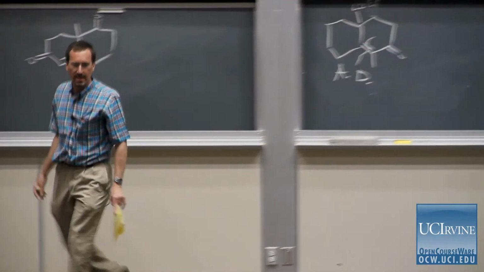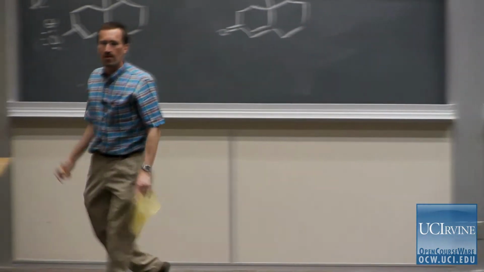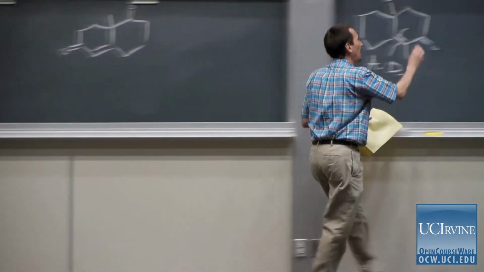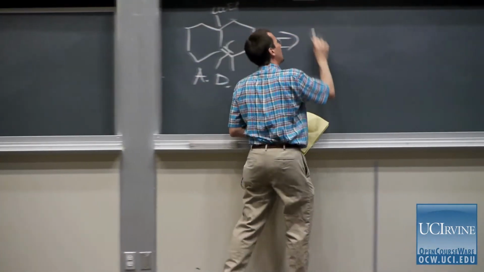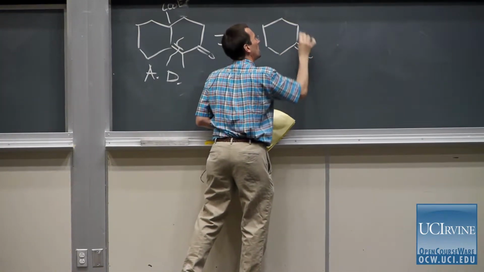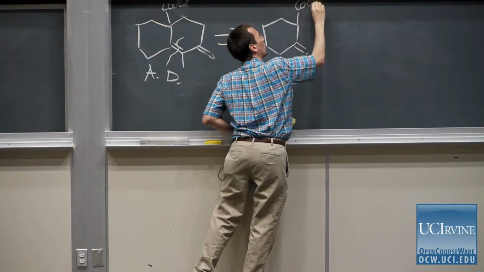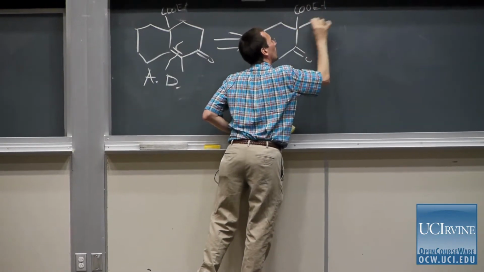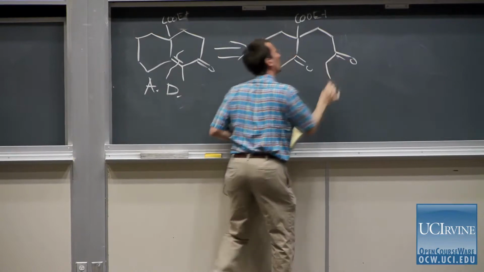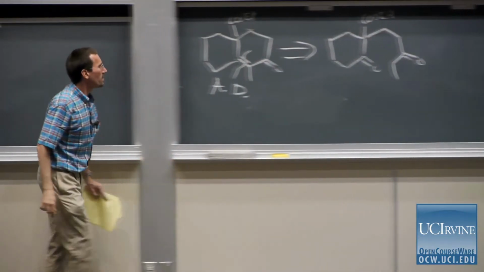So this part of the chemistry can come from an aldol and a dehydration. So when I take that backwards retrosynthetically, I say, oh, the immediate precursor to that could have been this.